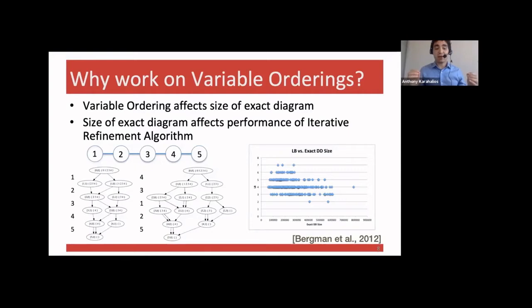We found the size of the exact decision diagram using the variable ordering, and then we ran the iterative refinement algorithm on a decision diagram using that ordering and reported the lower bound at the end of 5 minutes. And what we see is that a variable ordering that corresponds to a smaller exact decision diagram also has a larger lower bound or better performance at the end of 5 minutes.